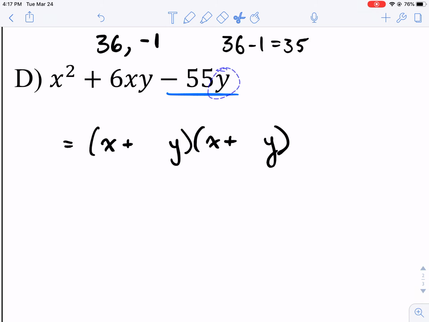See how we have this y in here? This should be y squared. We need to add that in there.